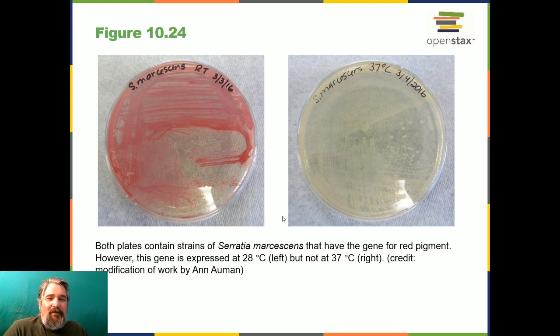But normally with Serratia marcescens, if you grow them at body temperature, about 37 degrees Celsius, they will not express the red pigment. If you grow them at about room temperature, say 20, 22, whatever, 28 here, sorry, it says it right here in the caption, they will express this red pigment.